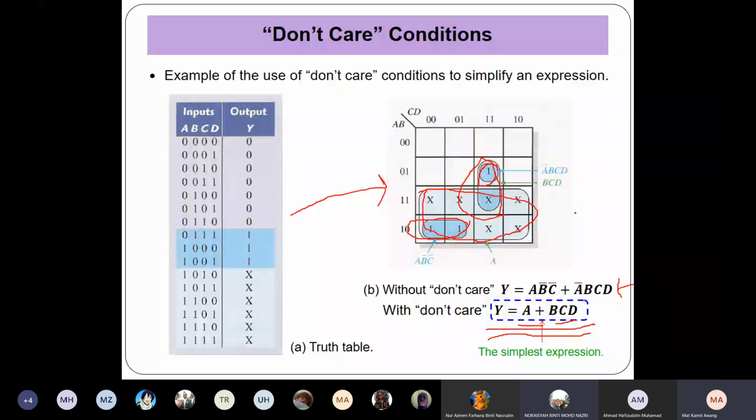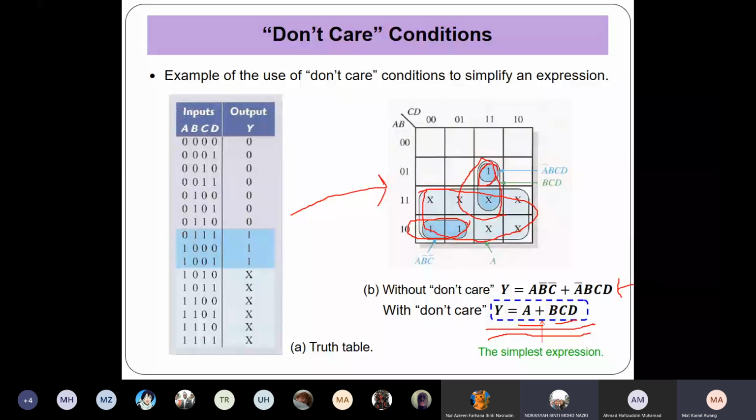Okay. Sir, how did you do the BCD? BCD. This one. This is BCD. So for this one, these 8 cells, you see, from here to here, A is constant, right? Oh, wait. This one is A, so this big one is A. So this BCD is this one, BCD.